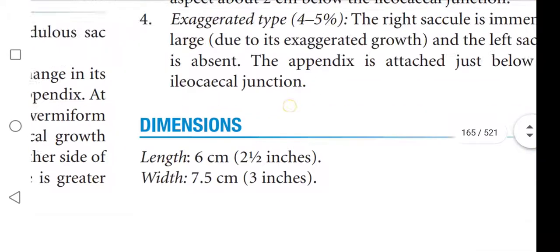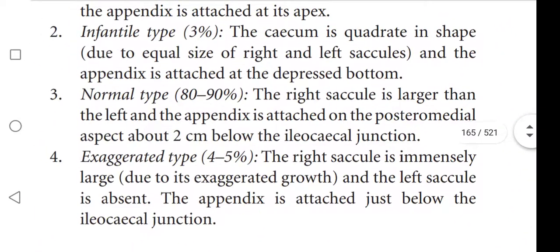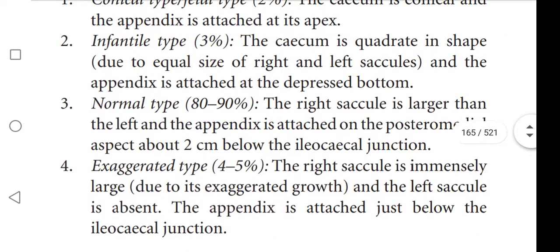Next, we learn about the normal type. In most individuals, what is present is the normal type, it is 80 to 90%. The right saccule is larger than the left.